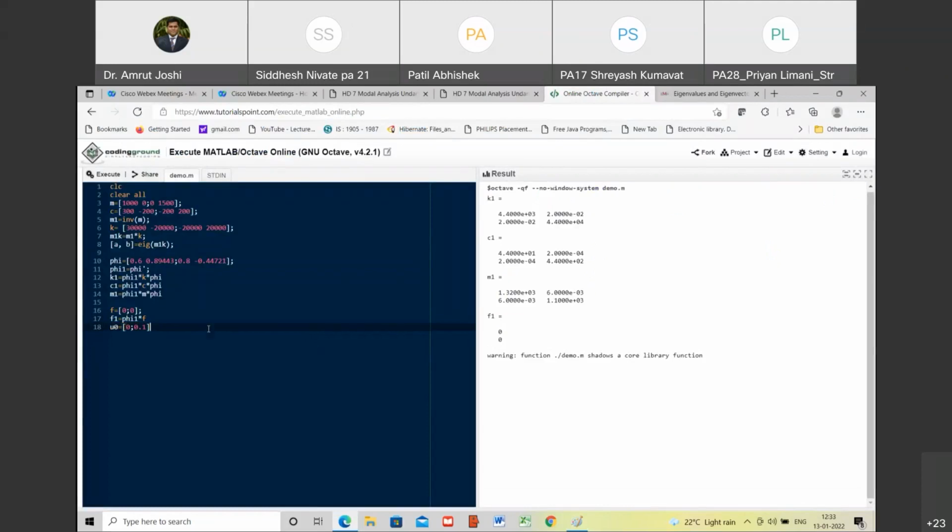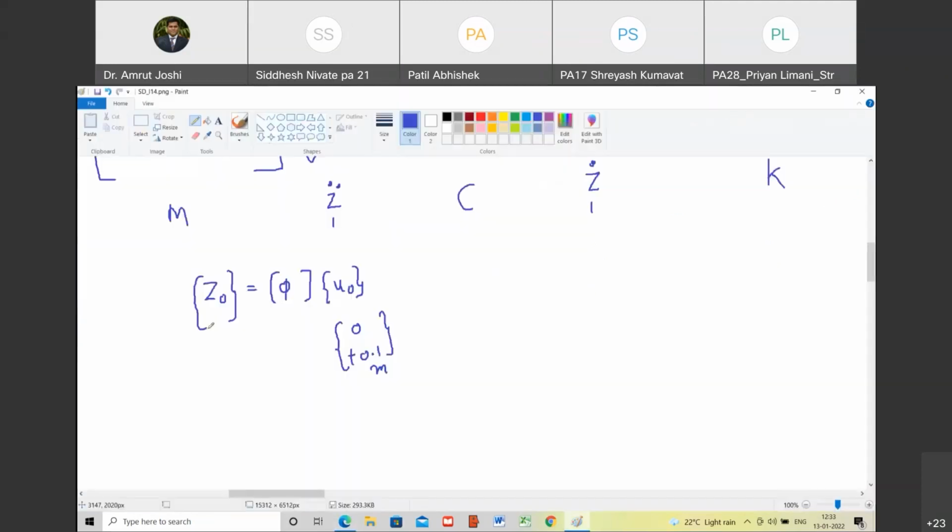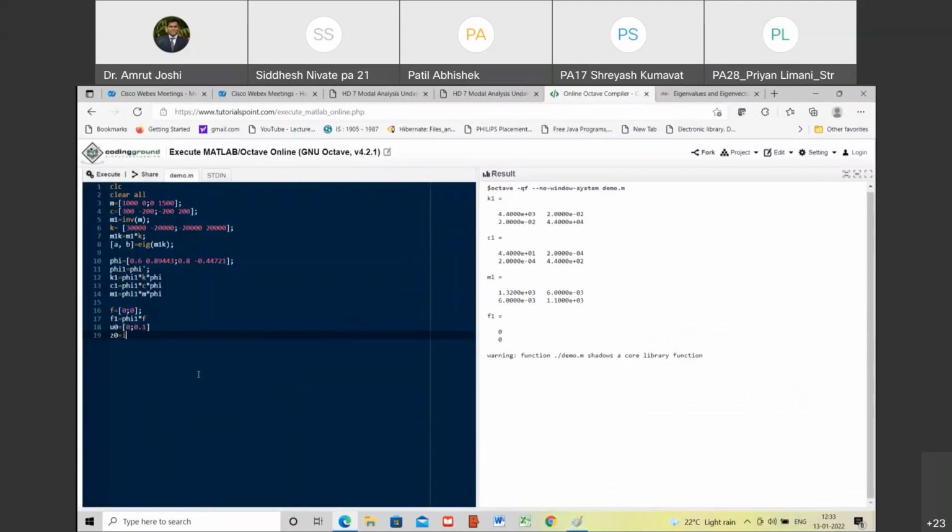If that is the case, then what is Z0? Tell me. Z0 is equal to phi inverse U0. Do you agree with me? Are you with me? Yes, sir. Okay. Phi inverse into U0. So do I get Z0? Yes, I got Z0 as 0.0909.